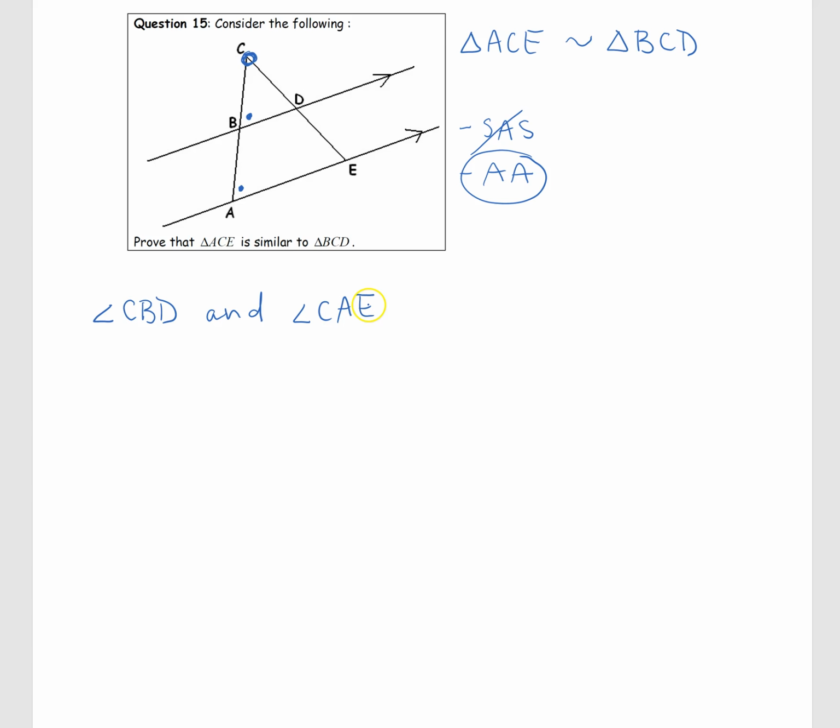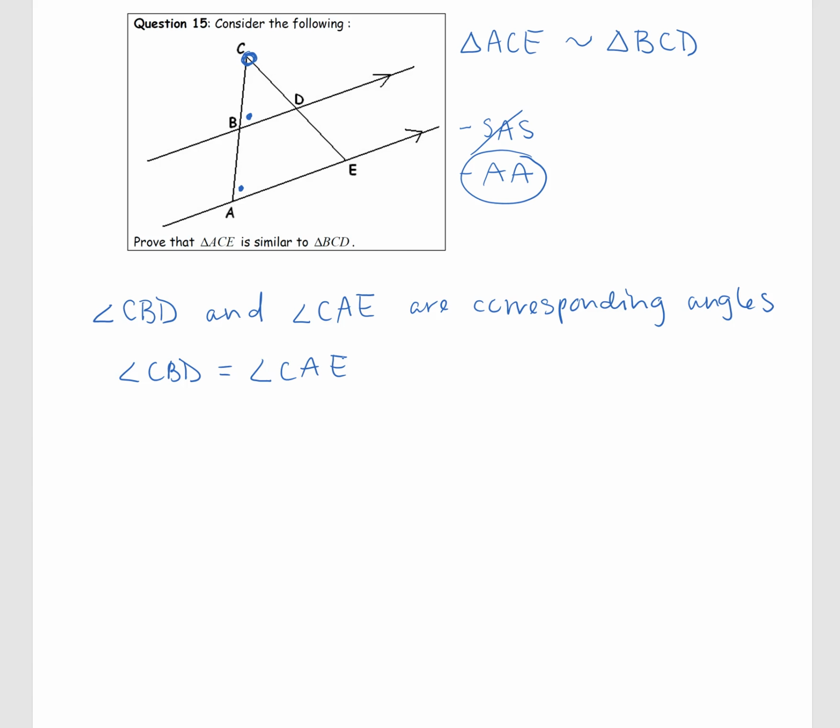So CBD and CAE are corresponding angles, and that means that they are equal to each other. So angle CBD equals angle CAE in their value. So great, we've shown that two angles match up.